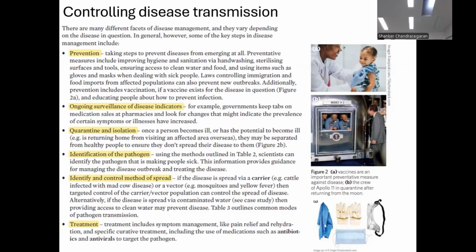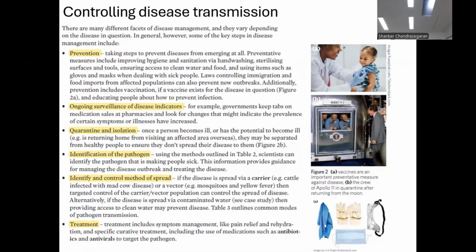Measles was at one point very much dealt with through vaccination, but in the current age, it has actually re-emerged in different communities because people are no longer doing the vaccination for measles. So prevention is super important, and it can end up saving lives before we even need to deal with the issue.